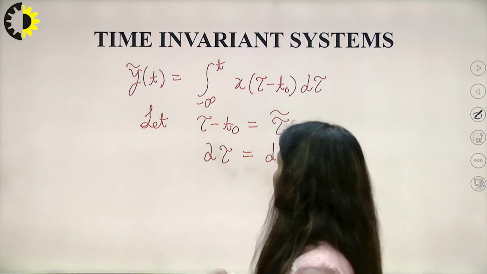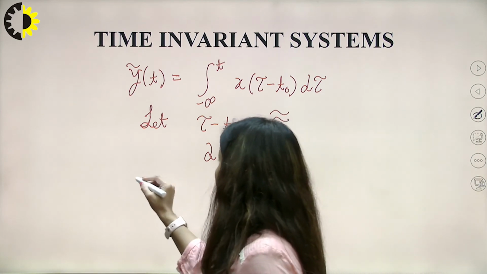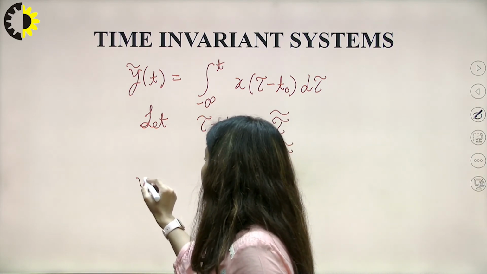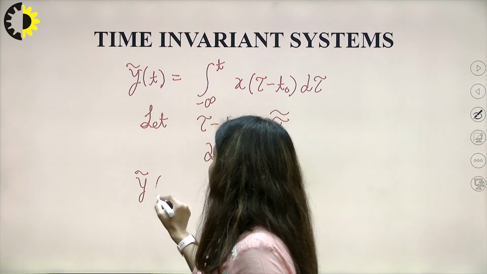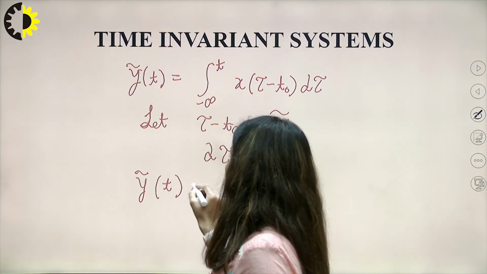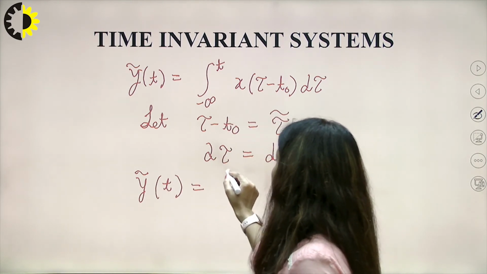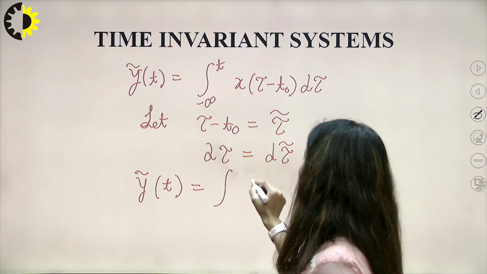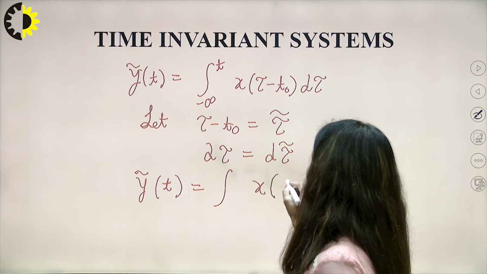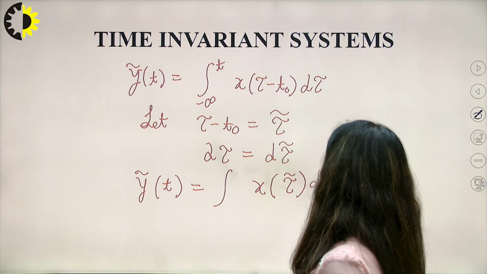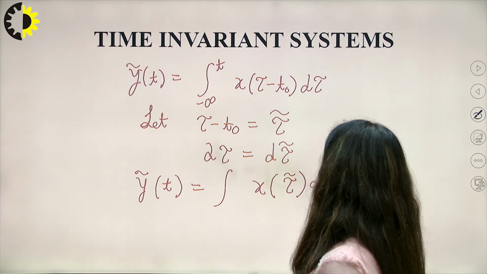Now checking for the limits, I will do that later. First of all, I must write y bar(t), that should be x(tau bar) d tau bar.